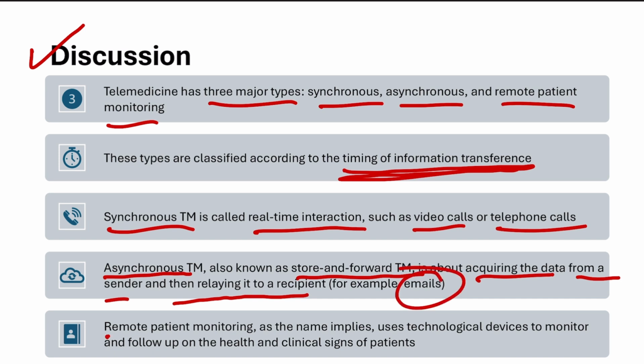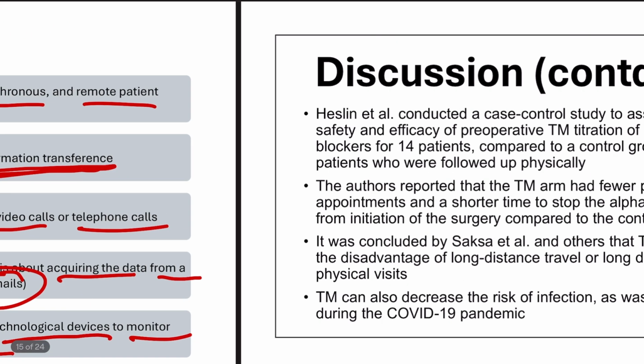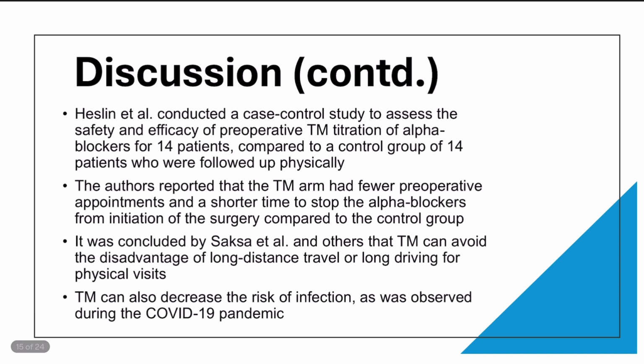Then we have remote patient monitoring. As the name implies, it uses different technological devices or mobile applications to monitor and follow up on the health and clinical signs of the patients. Then about the description of the studies.